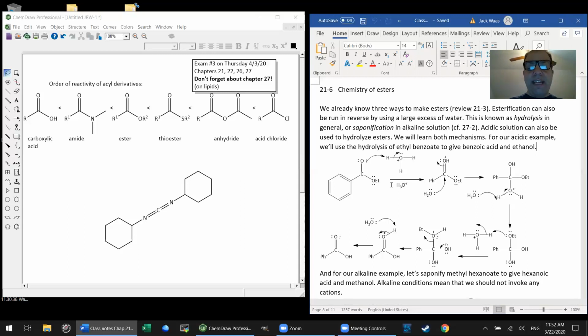Certainly not in any reasonable concentration, anything near high enough to be used in the mechanism. So even though the result of this step will put a plus charge on this oxygen, which is true, at the same time, after we do this step, we'll get rid of the plus charge on this oxygen. So going from the species with a +1 charge to another species with a +1 charge isn't really a problem.